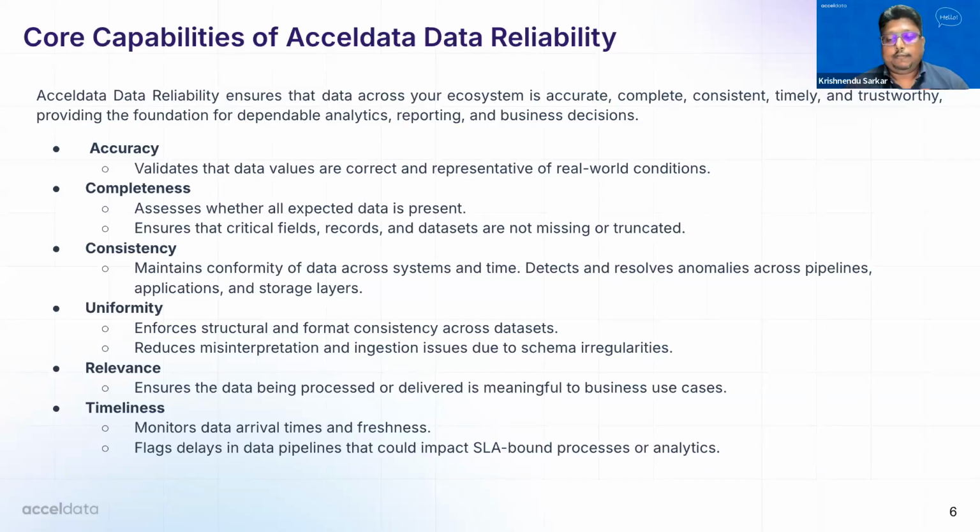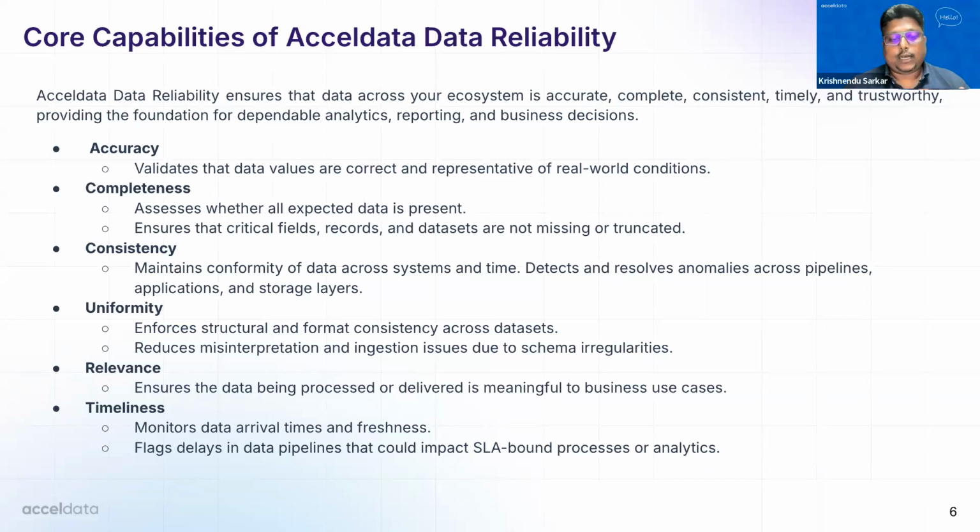Irrelevant data wastes resources and adds noise to decision making. And at last, timeliness tracks if data arrives on time and stays fresh. Delays can affect SLAs, reporting, and real-time insights. So this is all related to the core capabilities of Acceldata reliability.